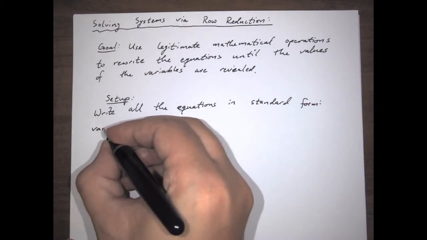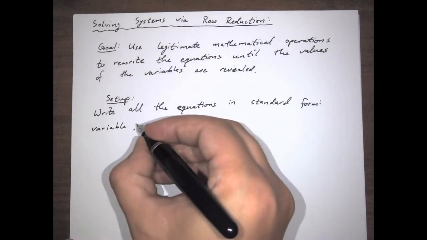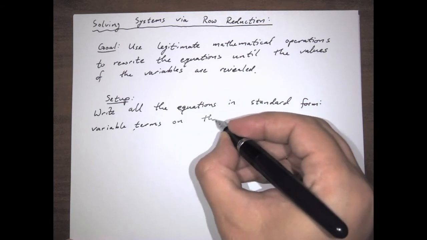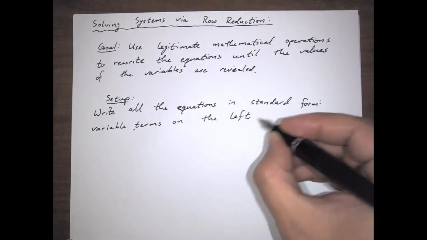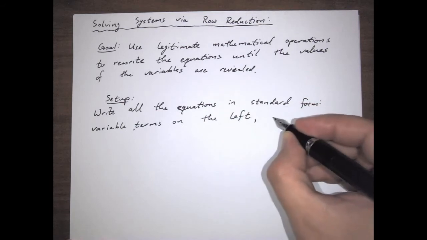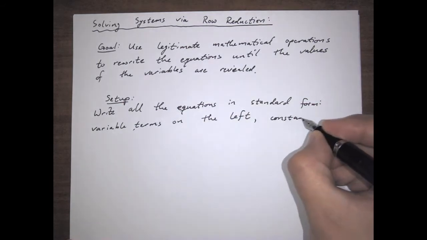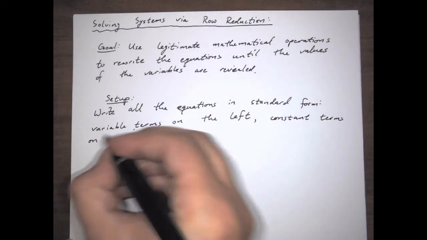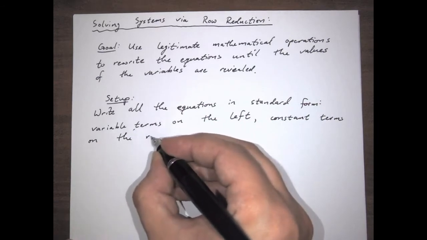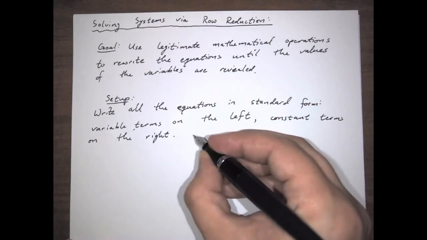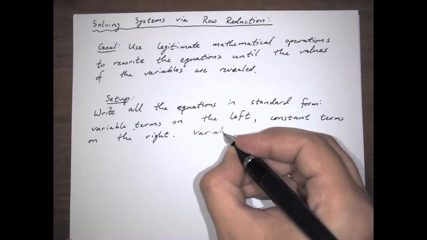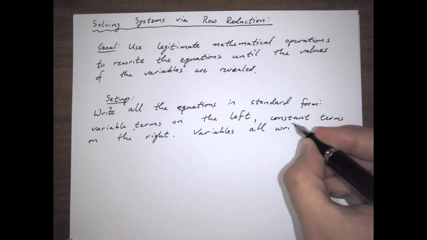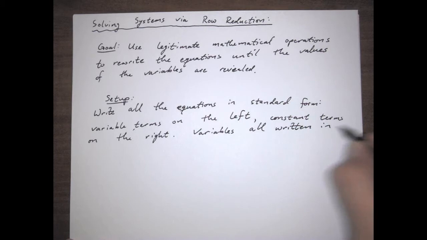So variable terms on the left, constant terms on the right, and variables all written in the same order.